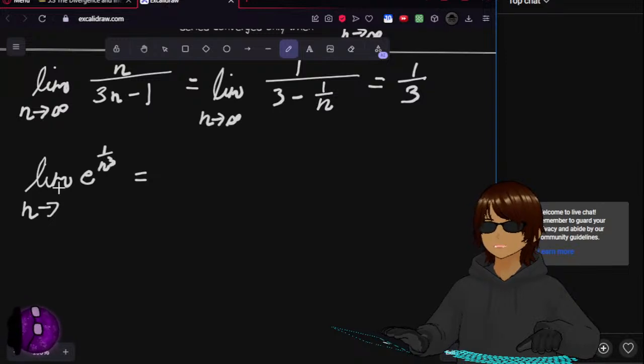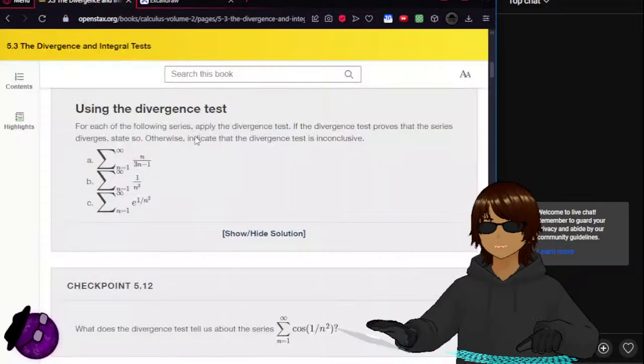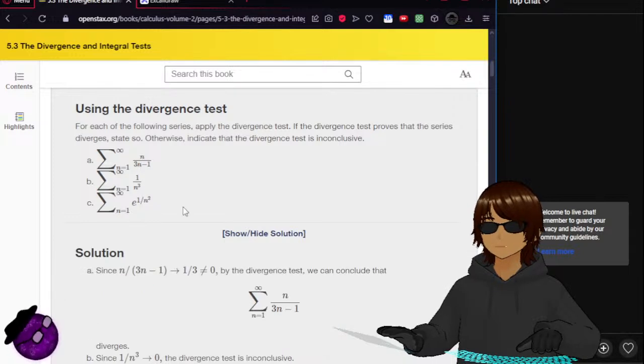No, I think in the L'Hopital case, both this and this need to change, because this remains e in all the series. So diverge, converge, diverge.